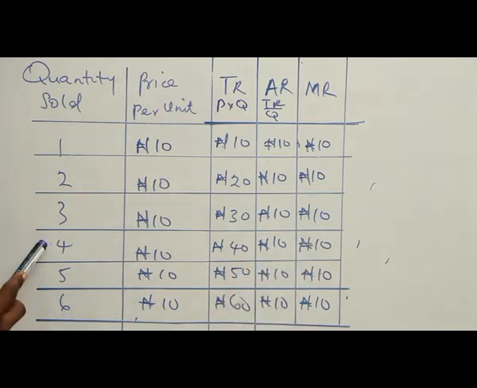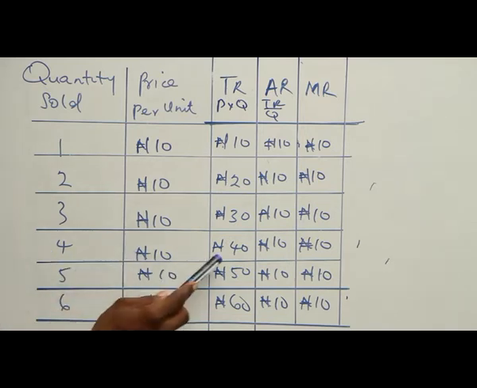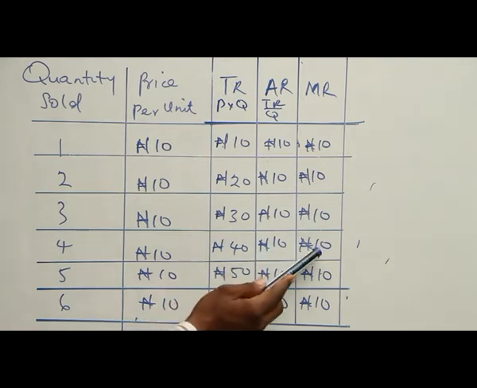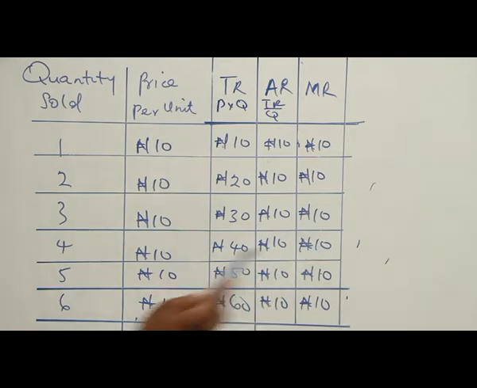Now, looking at 4 units of the quantity sold at 10 naira, the total revenue is 40 naira. The average revenue is 10 naira, while the marginal revenue is also 10 naira. So for 5 units sold and 6 units sold at 10 naira each, the total revenue is 50 naira for 5 units and 60 naira for 6 units, where the average revenue happens to be the same, 10 naira, the price of the commodity per unit, while the marginal revenue is also 10.